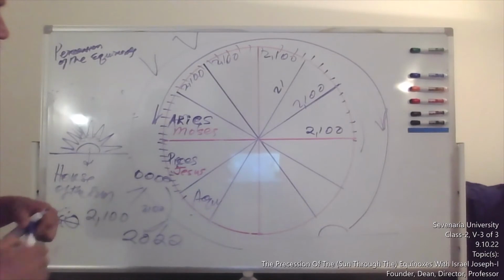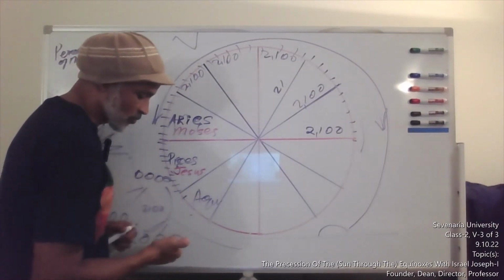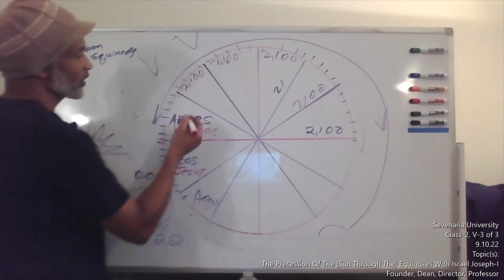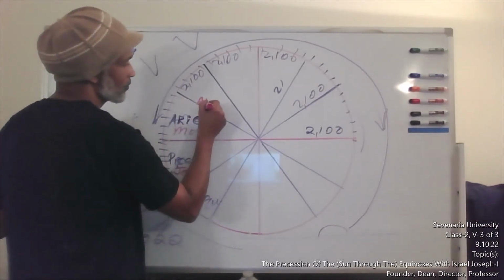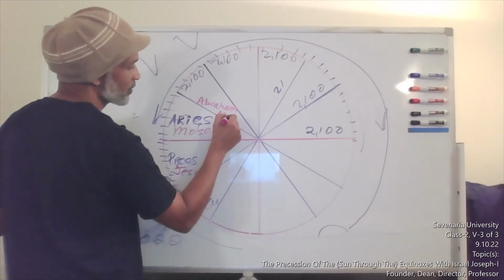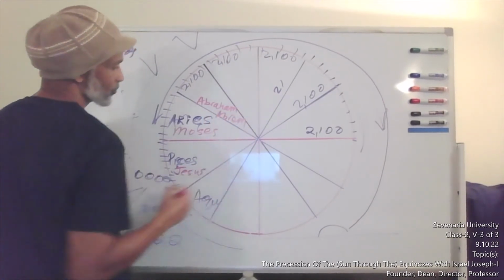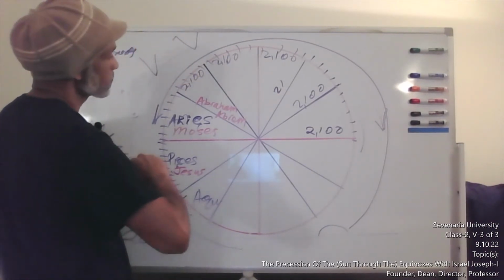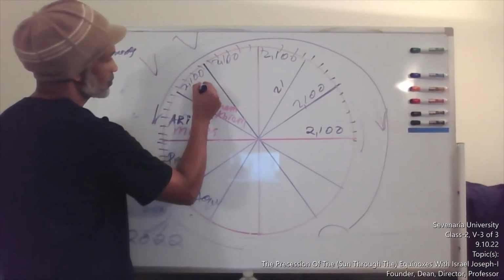That's why you have a lot of ram worship in Egypt when Moses is around. Before him is Abraham. But before that, he was Ab-Ram. He's in the age of Taurus. Again, another bold animal.